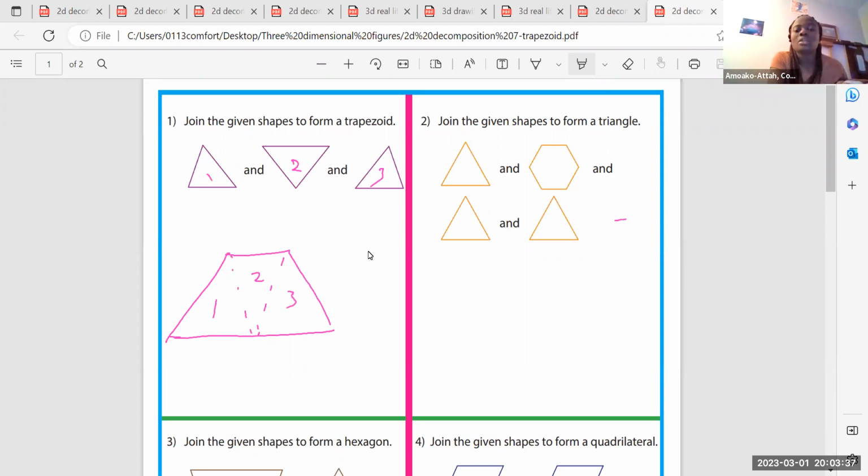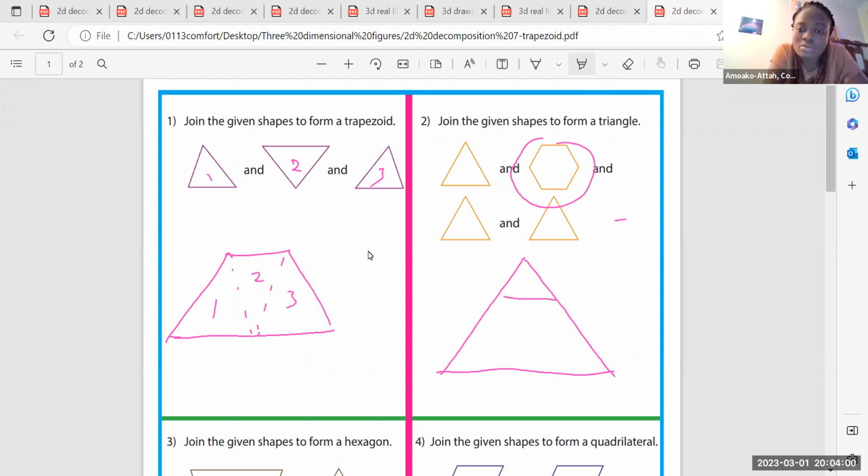Then number 2: you have to join the shapes to form a triangle. If I'm forming a triangle, then this is my triangle, but I have this shape in it and 3 of the triangles. This going this way, this going this way, this coming down.